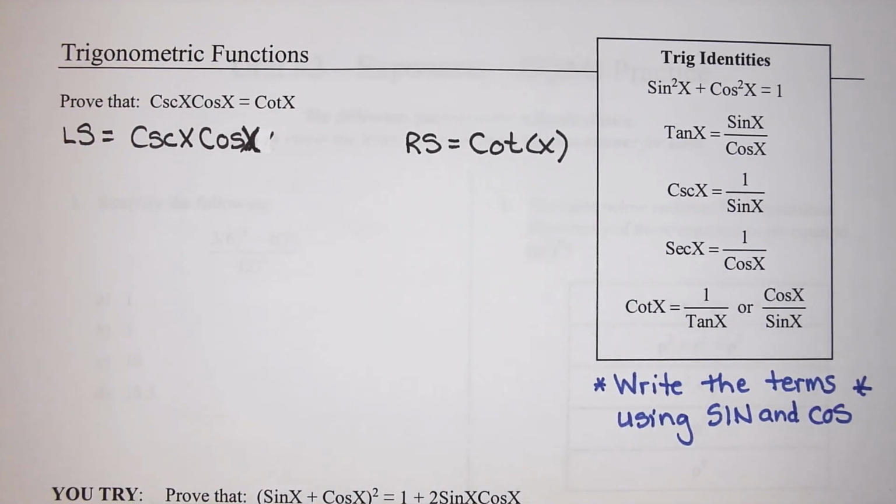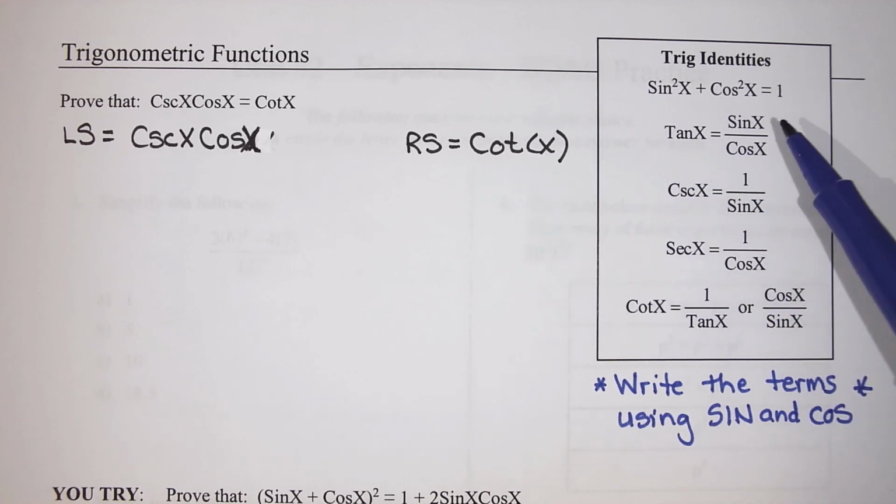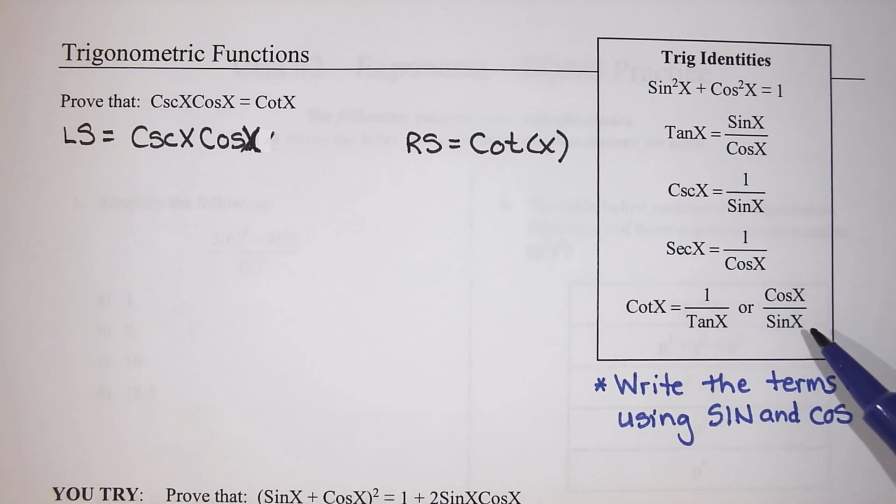Right? So that means if I have a cosecant or a secant, I would write them as 1 over sine or 1 over cos. If I have a tan, I'm going to do sine over cos. If I have cotan, I'm going to do cos over sine. I'm going to try to write everything that I can in terms of sine and cos.